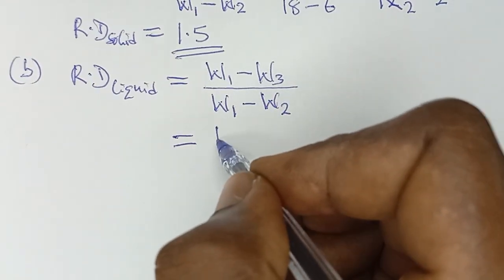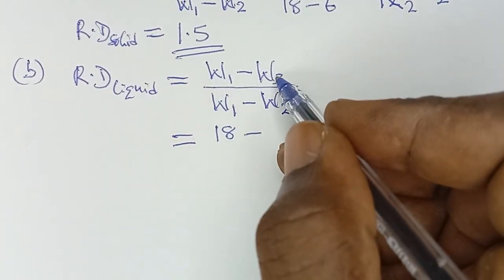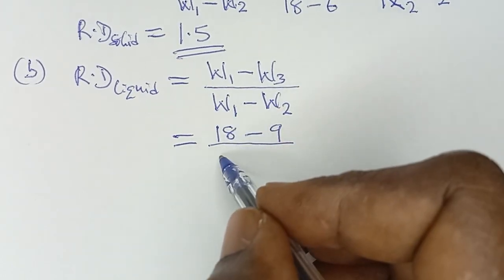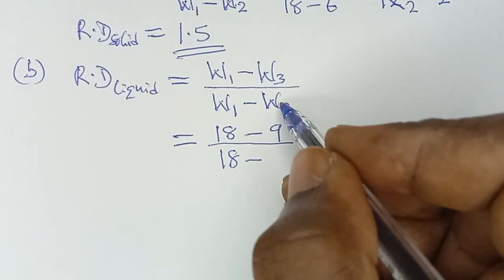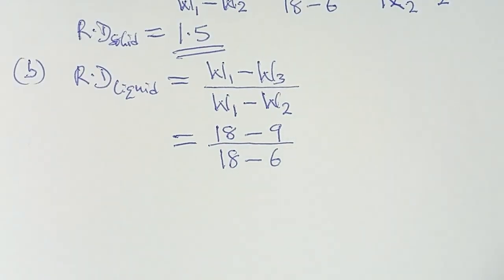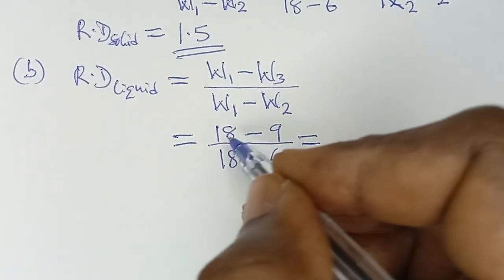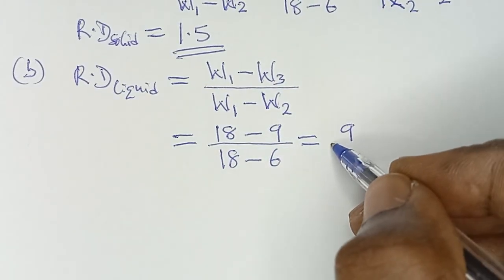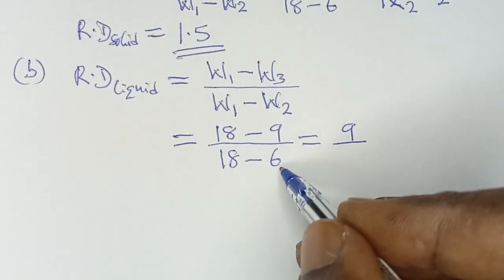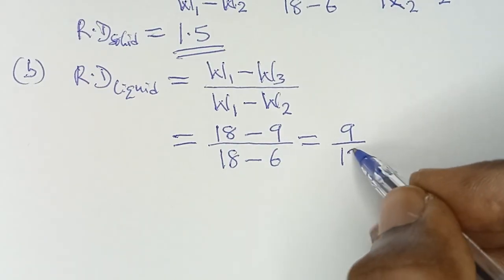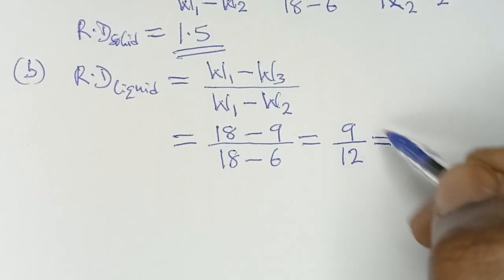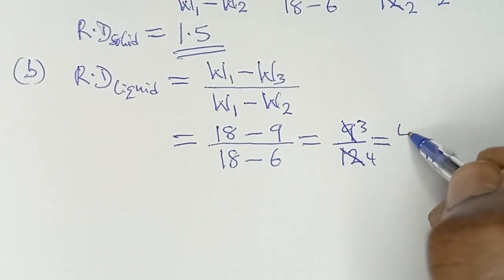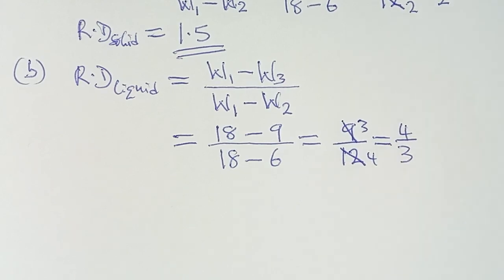So weight in air 18 minus weight in the liquid, which is 9, all divided by weight in air 18 minus the weight in water, 6. And then we can go on and say 18 minus 9, that is 9, all divided by 18 minus 6, which is 12. 9 over 12 in its lowest term, 3 can go in 9, we have 3. 3 can go in 12, we have 4. So it will give us 3 over 4.